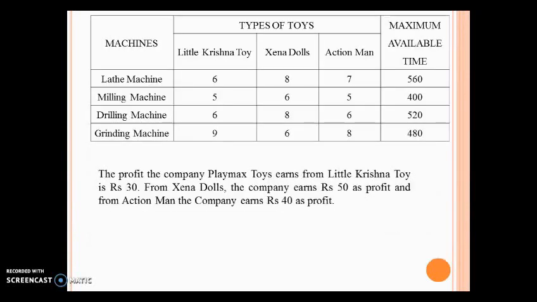So here the values are written in tabular format, given that Playmax Toys earns a profit of rupees 30 from the Little Krishna toy, a profit of rupees 50 from the Jenna dolls, and a profit of rupees 40 from the Action Men toy.